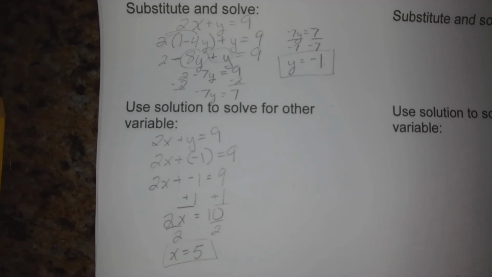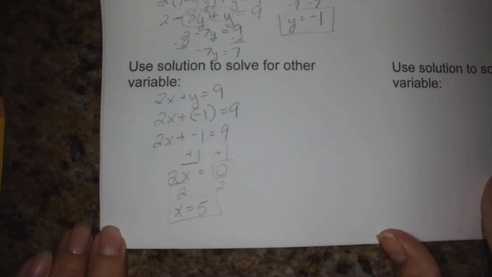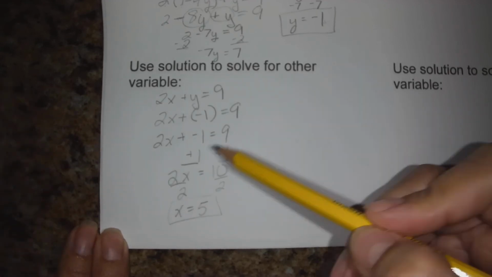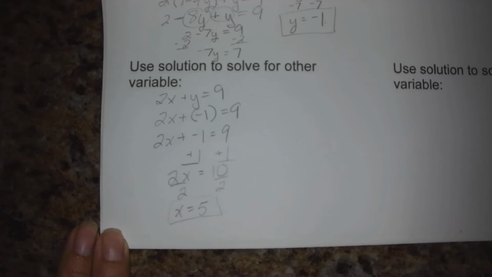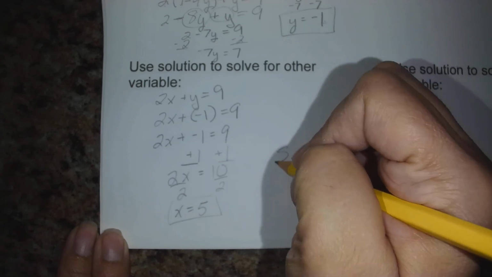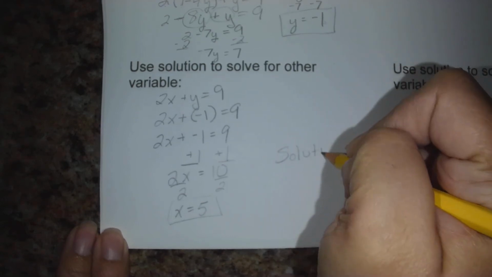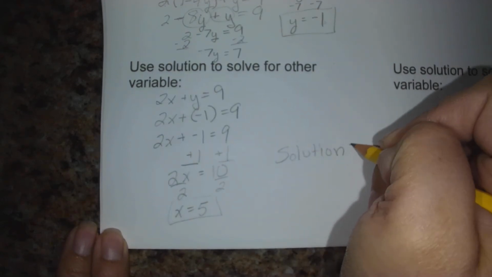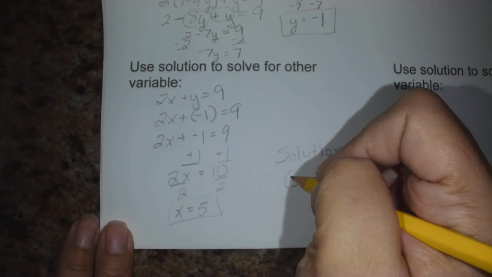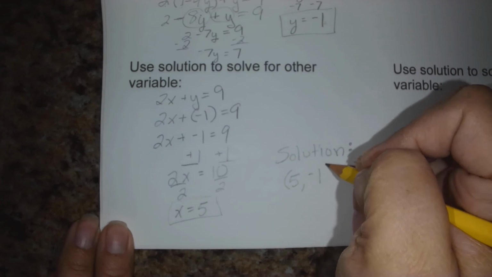Alright, so after solving, you should get x is equal to 5. So now I have two values. I have the y and the x. We've seen this type of thing before, an x and a y, and we've seen it at the intersection. So the solution to this system of equations is the point (5, -1).